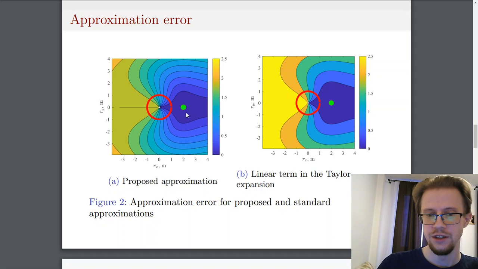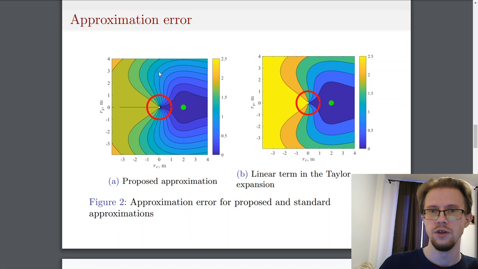What we see is that with this approximation, the error grows a little bit quicker in these regions, but the region with error close to zero is bigger. Here this region is smaller, but it grows slower. So this is more forgiving if we are in this region.